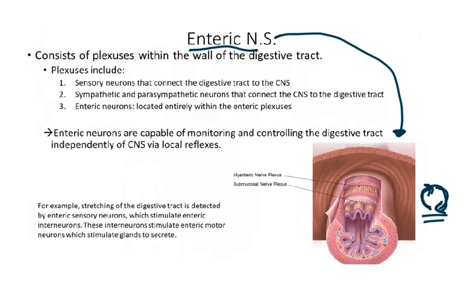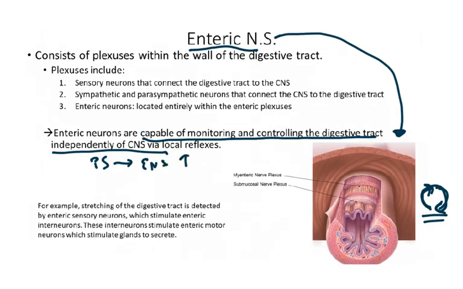Now, the caveat is, even though it's capable of monitoring and controlling the digestive tract independently, there is definitely input to it. We saw that in the previous slides, where the parasympathetic nervous system can act on the enteric nervous system to increase its activity, and the sympathetic nervous system can act on it to decrease its activity.